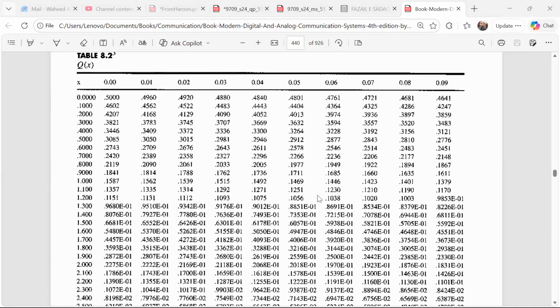So I'm looking for 0.4841. 0.4 is this, and 0.48 is this value. Since my number is 0.4841, this table is giving me the approximation up to two decimal places.